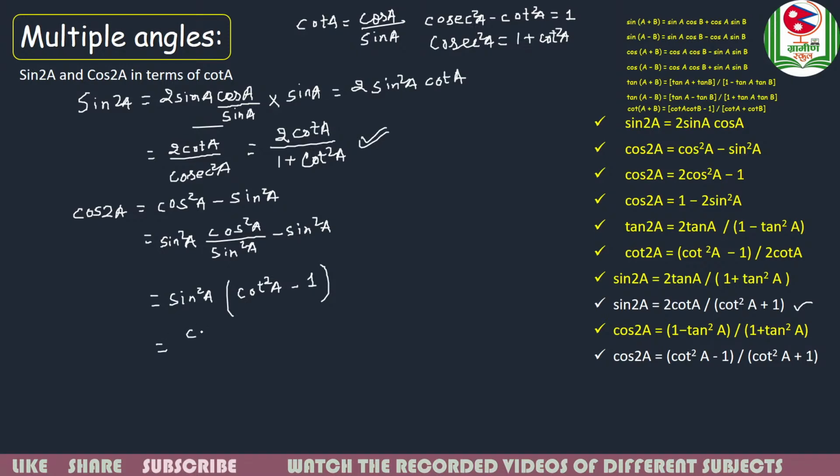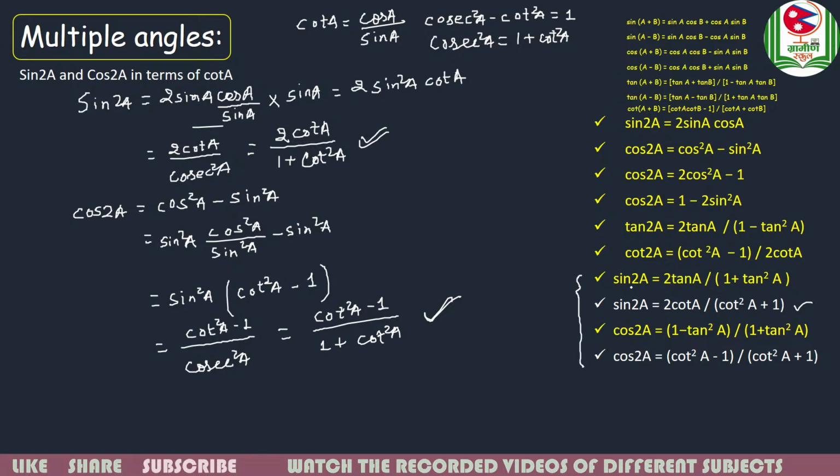We will write cot square A minus 1 divided by this sin square A can be expressed as cosec square A. So the result will be cot square A minus 1 divided by 1 plus cot square A or cot square A plus 1. So we have also verified this cos 2A in terms of cot A. And now let us see the result.